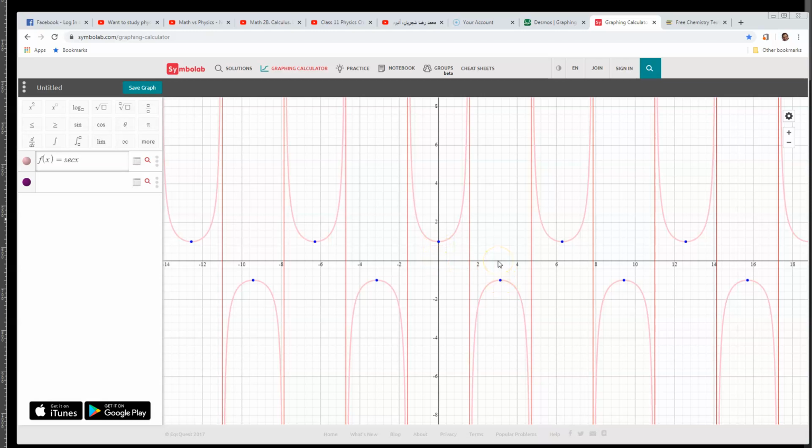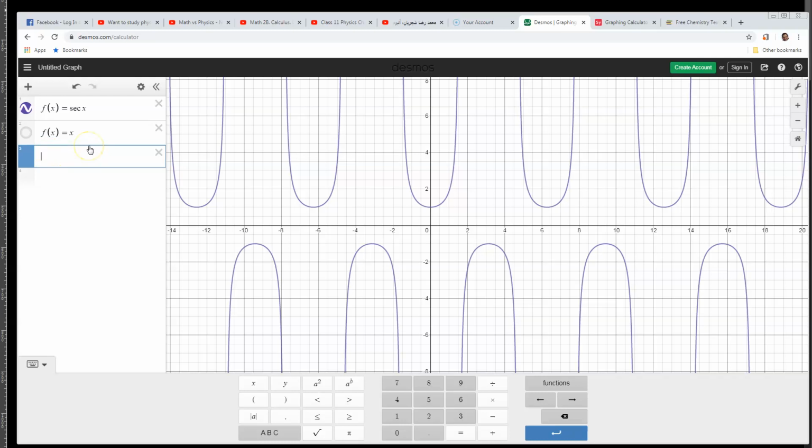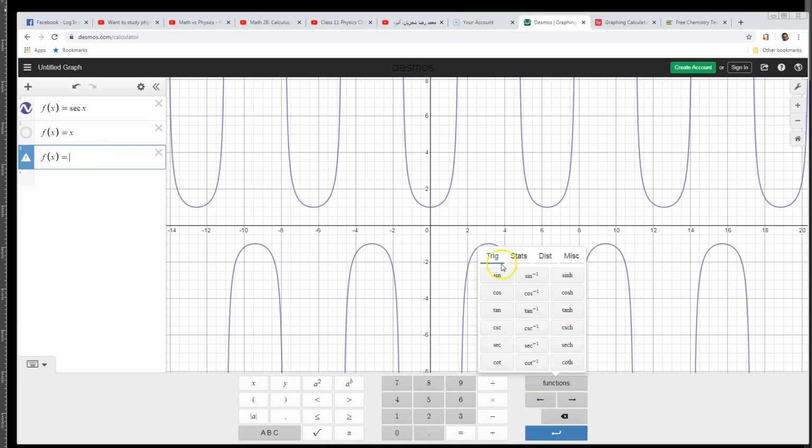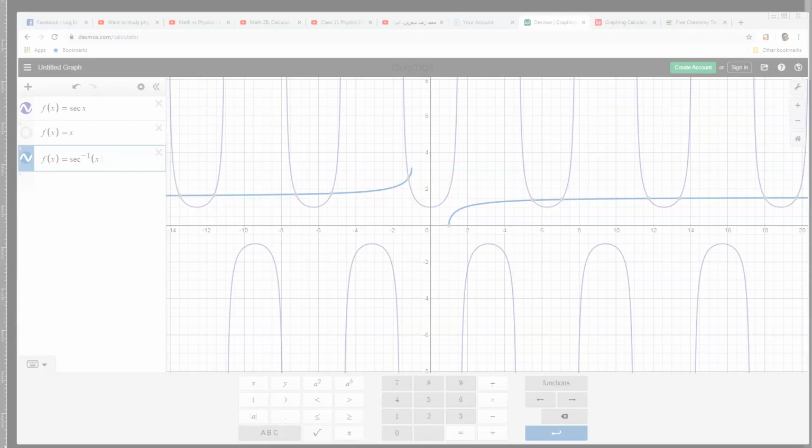And now if I draw the graph of the function f of x is equal to secant inverse x on the other graph, you can see that you will get the principal value branch of the function. The calculator will not give you all of the branches. Otherwise, you would get a graph something like this.